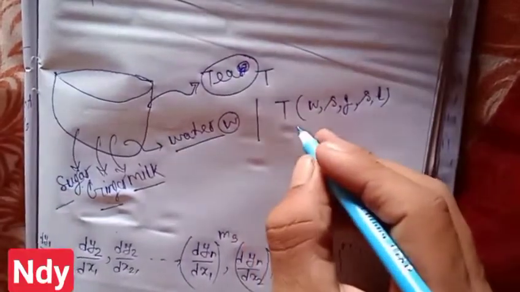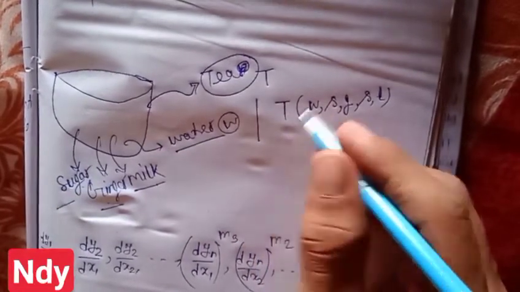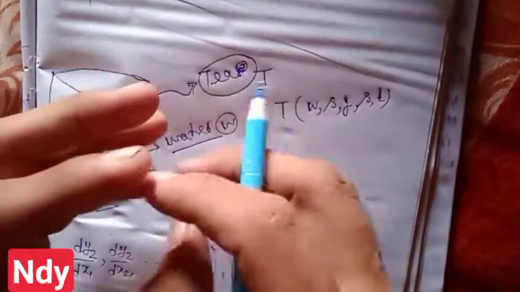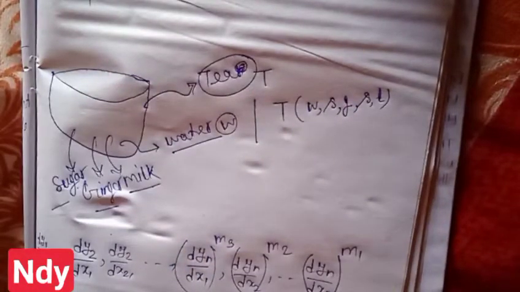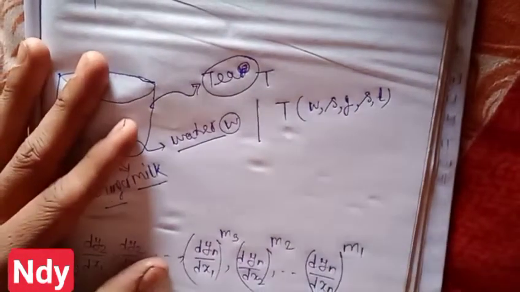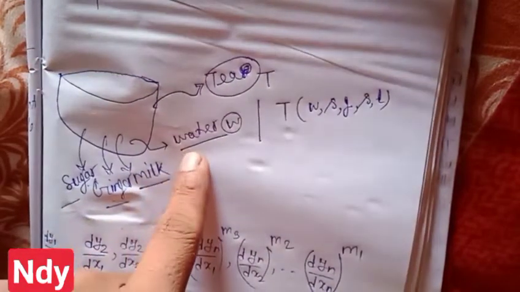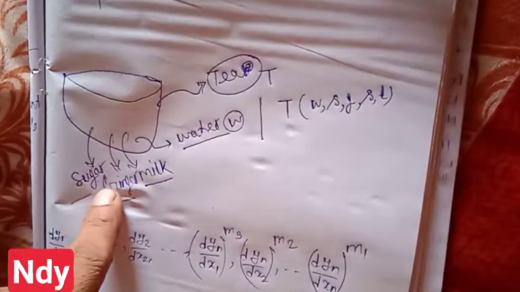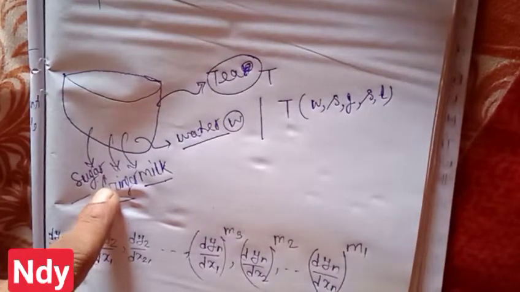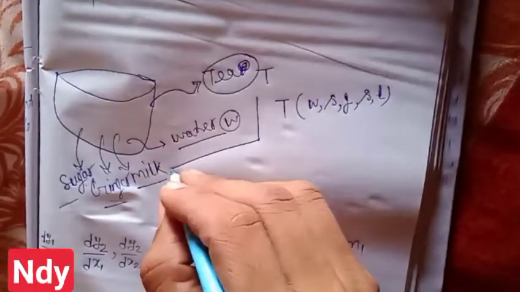So for that purpose what can we do? We can change everything at once. Then you will not be able to tell what is the effect of changing the water, what is the effect of changing the milk, what is the effect of changing ginger or sugar. So what will we do?